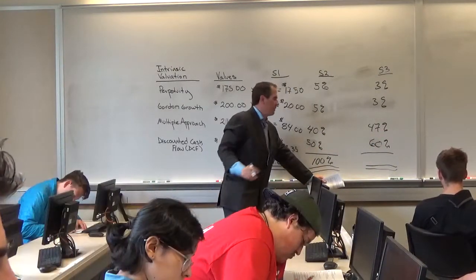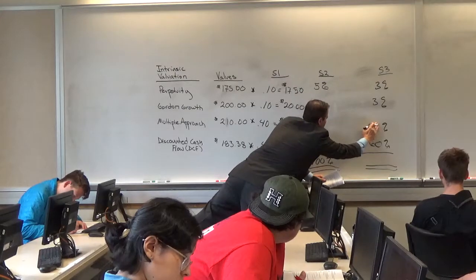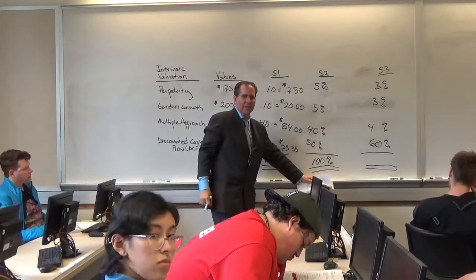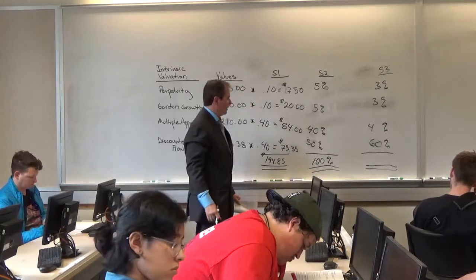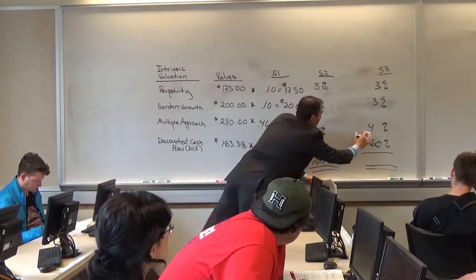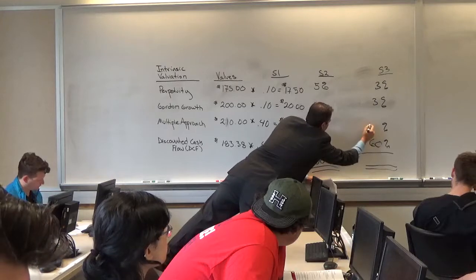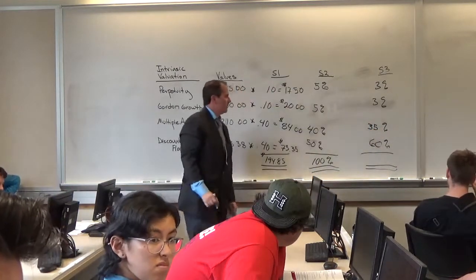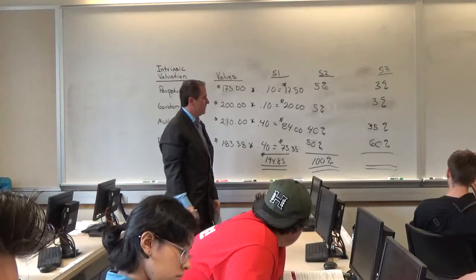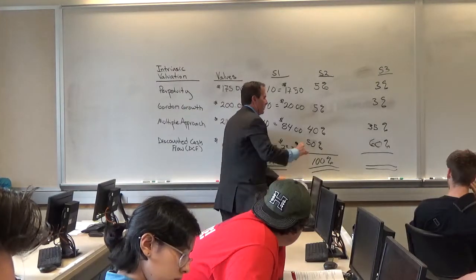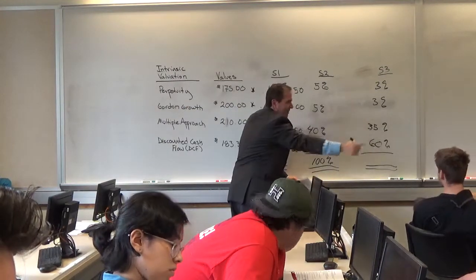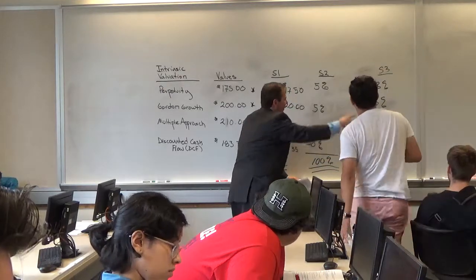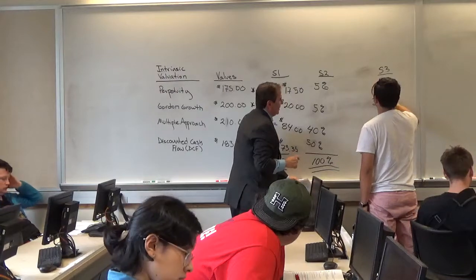Probably 40. Well, that's 100, so you give nothing to, shoot, you didn't leave anything left over. Yeah, 35. Don't you mean 34? Do 2 and 3. Yeah, 2 for perpetuity and 3 for Gordon growth.